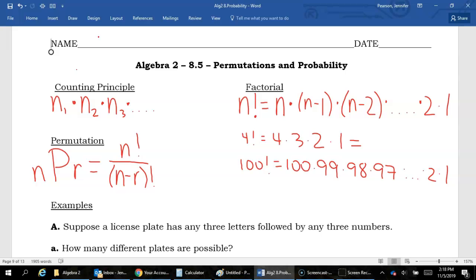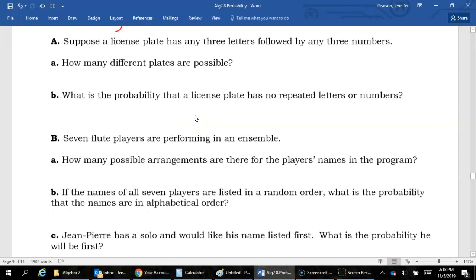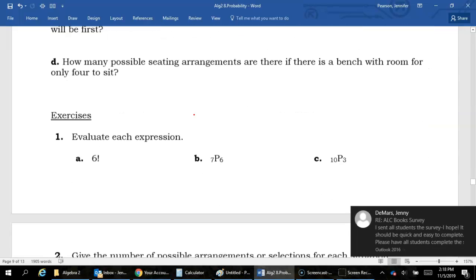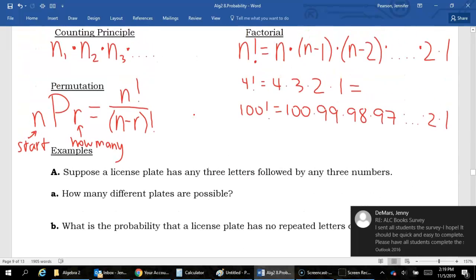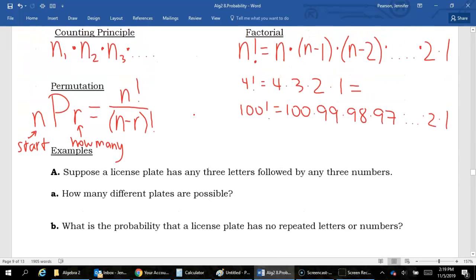So the first thing is what you're starting with, and the second thing is how many. Let's go 12P4.